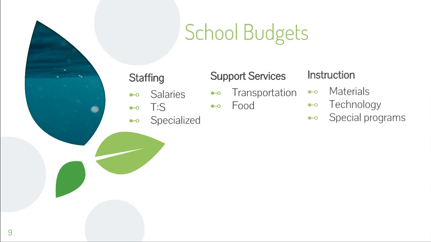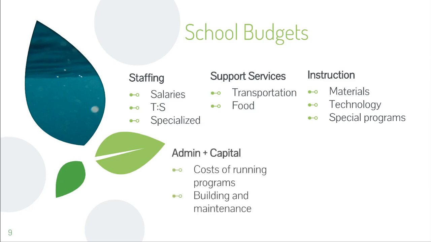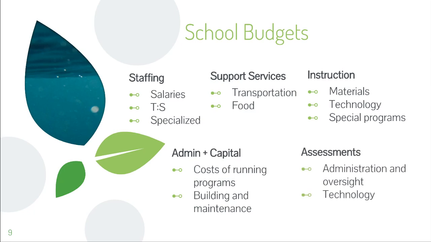Next, we have instruction, where there are expenses, of course, for materials, computers, and special programs, and so forth. Administrative and capital expenses include the cost of running those programs, of the buildings and their maintenance. And finally, we have assessments and their increasing importance to school accountability. Most standardized testing requires computers and special software, administration, and oversight.